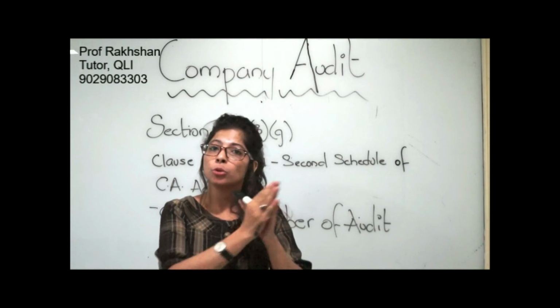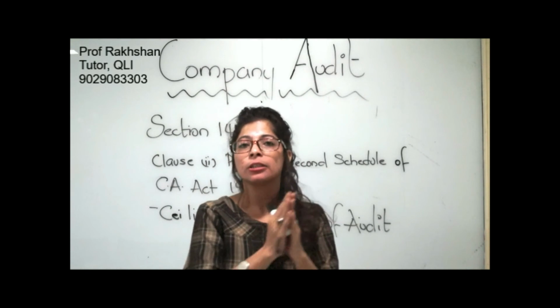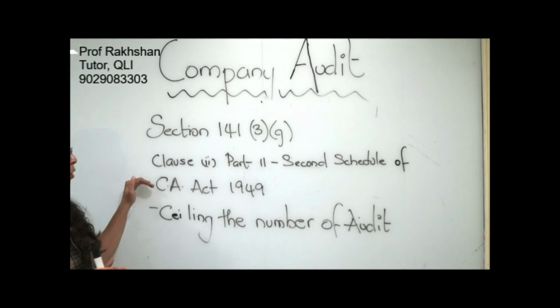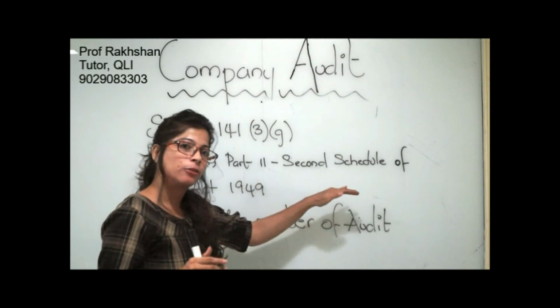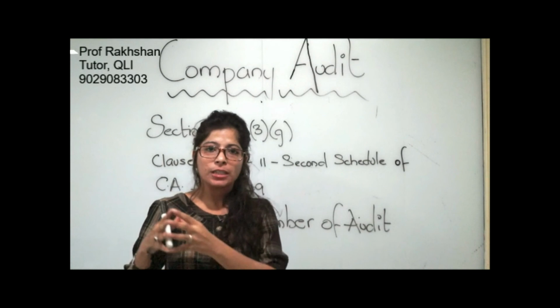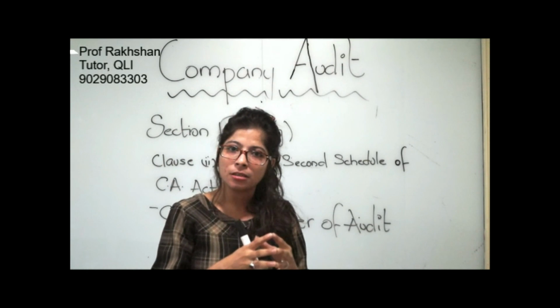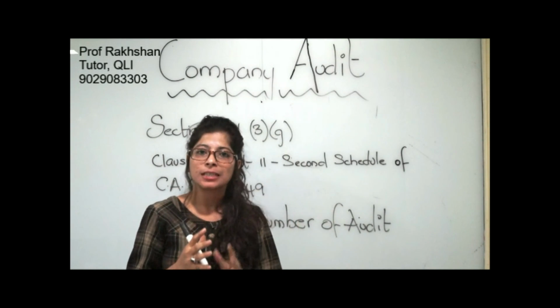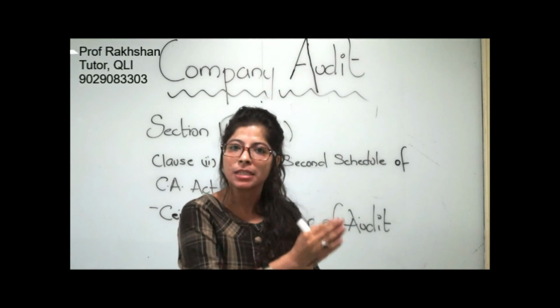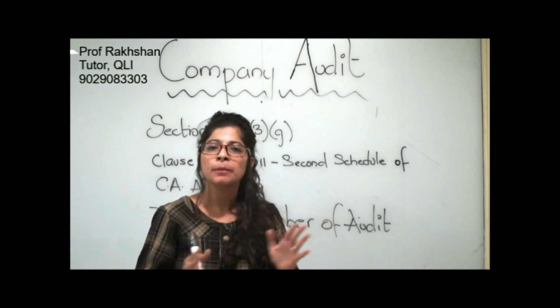And mind you, those are actually subject to punishment. One such clause, clause 2 of Part 2, Second Schedule of the Chartered Accountants Act, mentions that if a CA undertakes assignments such that the total number exceeds 20, he will be deemed to have committed a mistake and hence will be punishable.